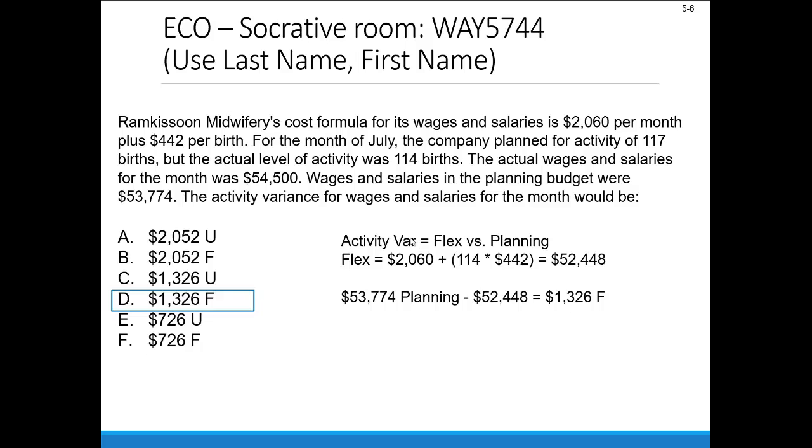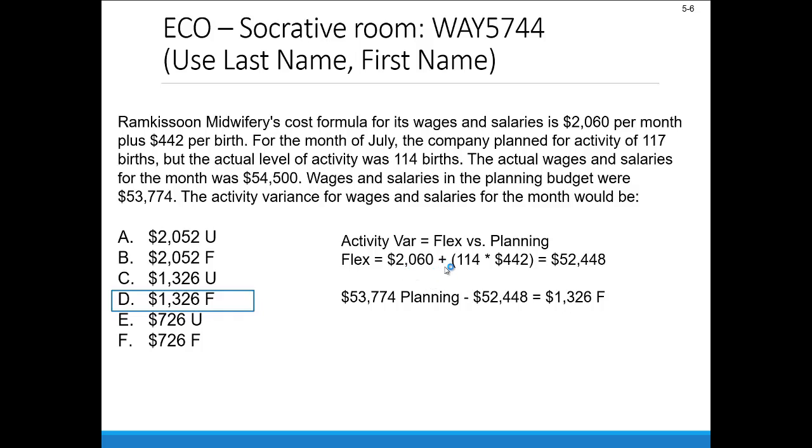Again, our activity variance comes from a comparison of our flex budget to our planning budget. The flex budget would say take our cost formula and flex it for our actual level of activity. So $2,060 fixed cost per month plus $442 per birth, the 442 in this case multiplied by the 114 actual births for this particular month.